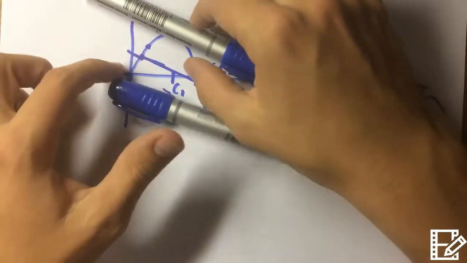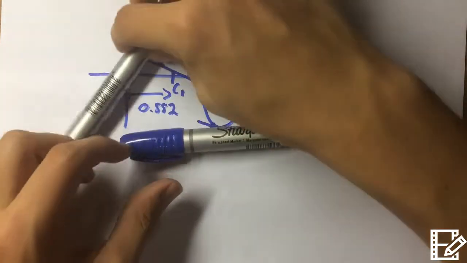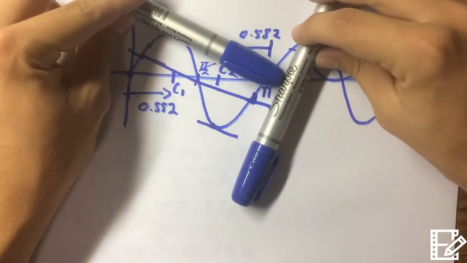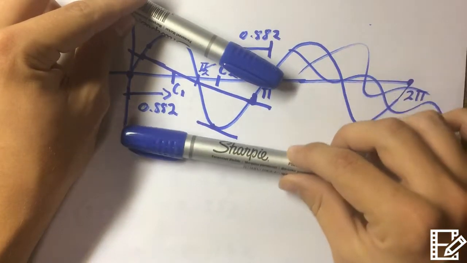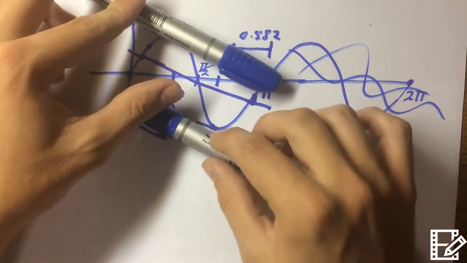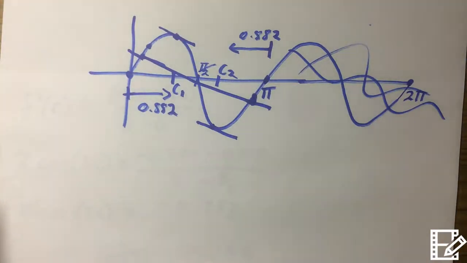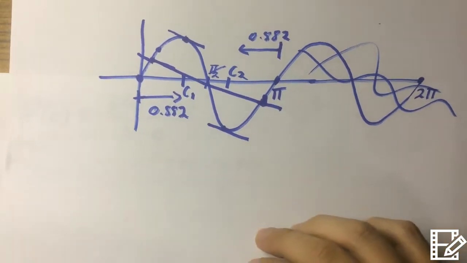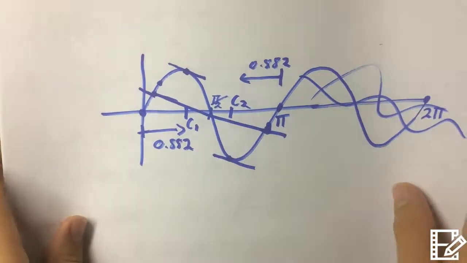So therefore, if this is at 0.882, it's gone up and left there, and this has gone, that means this must have gone 0.882 in the negative direction to end up with the same slope. So that's how I think about it. It might not be helpful for you, but it's a different way of thinking about things, and there's no problem with that.